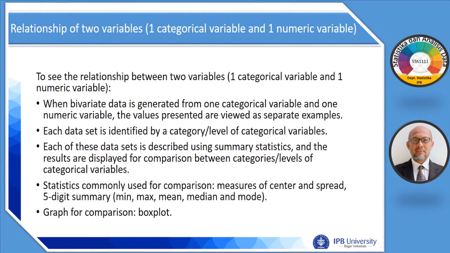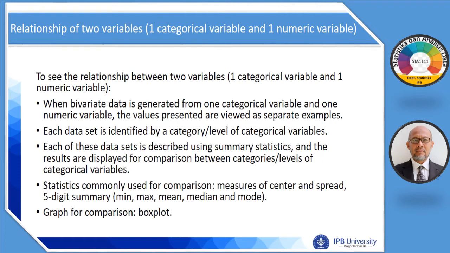When bivariate data is generated from one categorical variable and one numerical variable, the values presented are viewed as separate samples. Each dataset is identified by a category or level of the categorical variable. This is the second understanding.